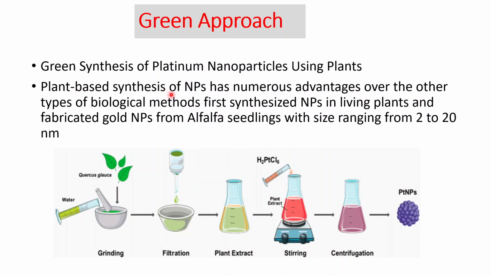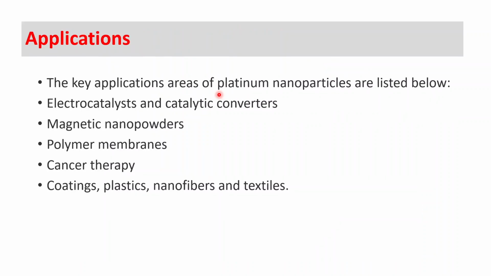The plant-based synthesis of platinum nanoparticles has numerous advantages over other types of biological methods. The first to synthesize nanoparticles in living plants fabricated gold nanoparticles from alfalfa seedlings with a size range from 2 to 20 nanometers. And their applications include electrocatalysis and catalytic converters.